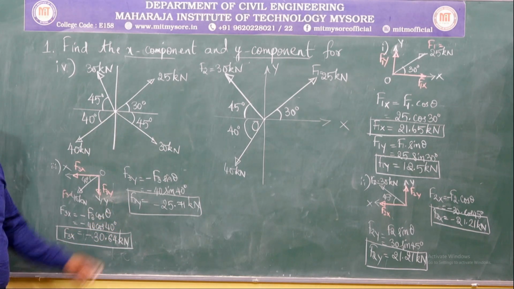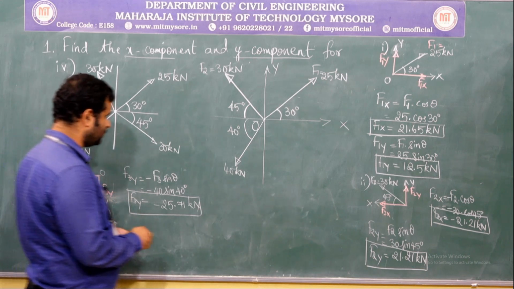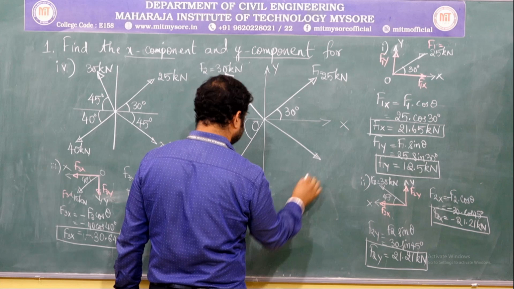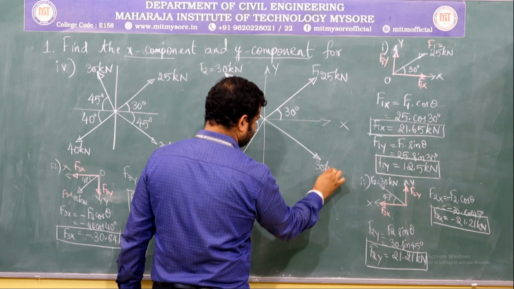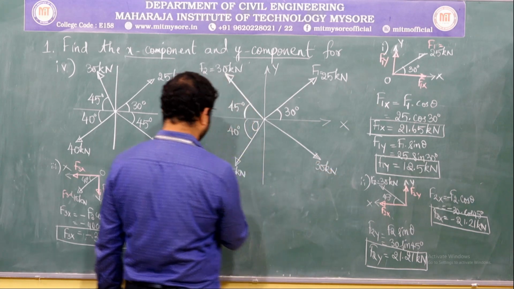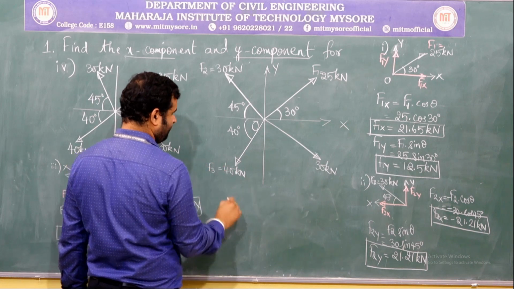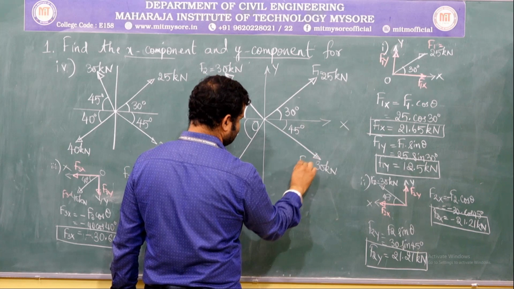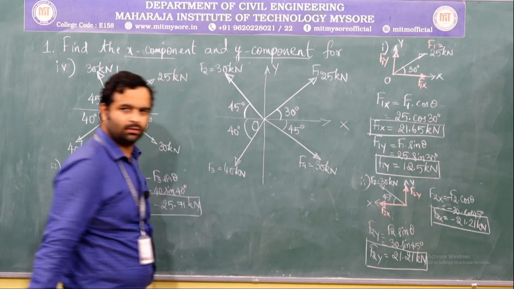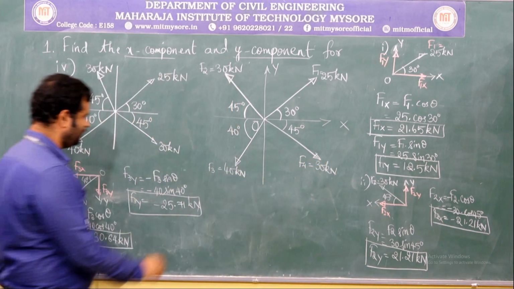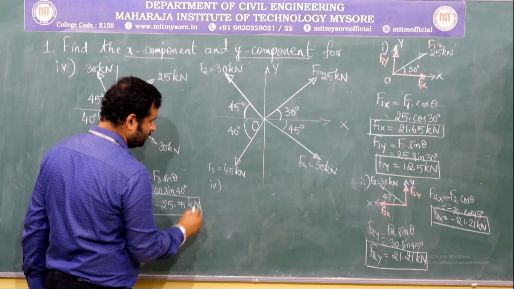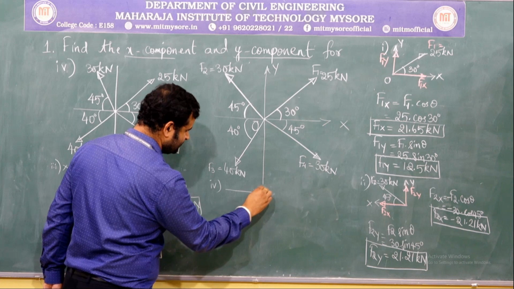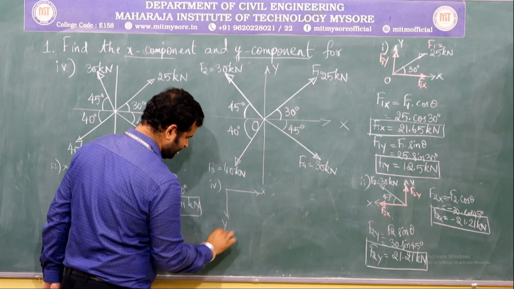We are now left with the last force, which is in the fourth quadrant. Now let me write that in the fourth quadrant like this. This force is 30 kilonewton, and the angle of inclination is 45 degrees, and this shall be the last force F4. If I consider only the last force, I can write this as x axis, this as y axis.